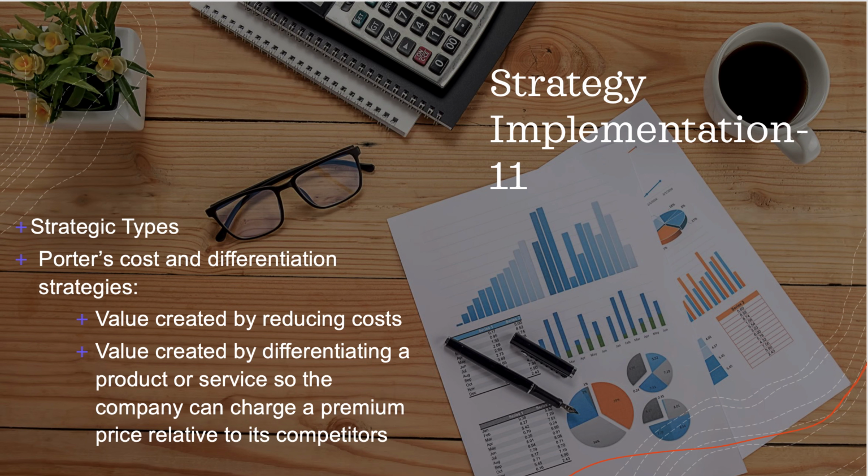So these are some of the overhead costs. This strategy provides above average returns within an industry, and it tends to bar other organizations' entry into the industry because the firm can lower its prices below competitors' cost.